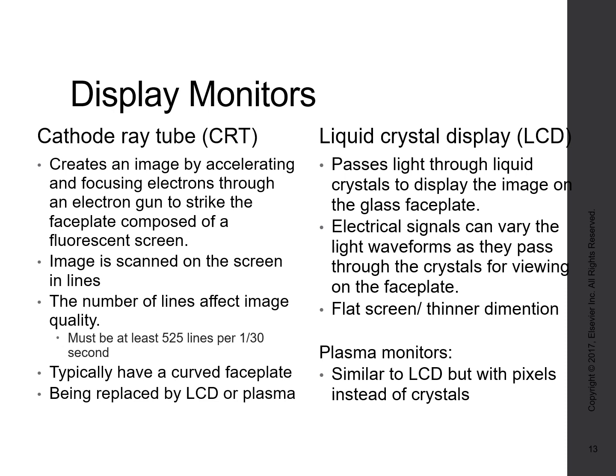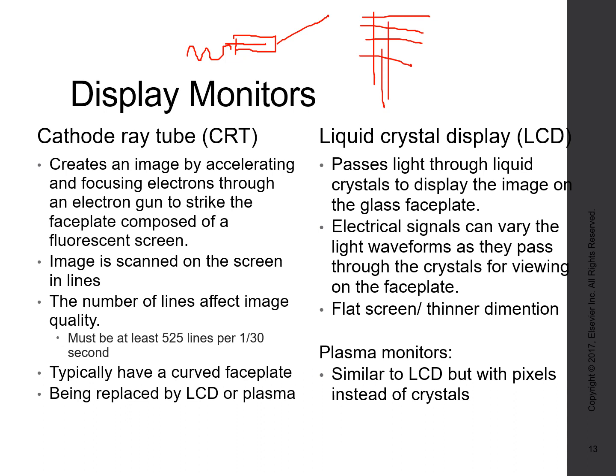There would be an analog signal sent to what we call an electron gun, and that electron gun would take that signal and shoot it out as electrons in a raster pattern, where we go left to right and then top to bottom.